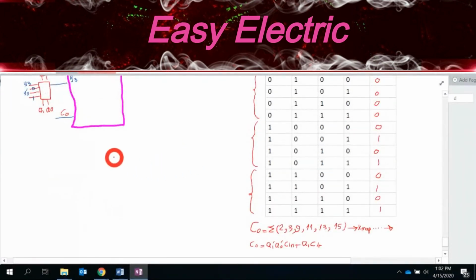Okay, see what I'm doing here for C0. Definitely this is one OR in the middle, right? So I make one OR. This is the OR.